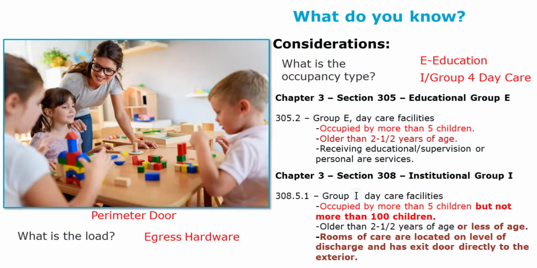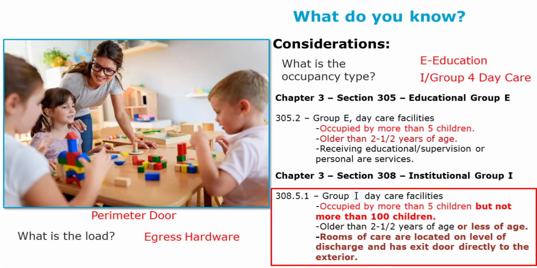Because when you go into Chapter 3, Section 308, Institutional Group I, here we have to understand it's about the number of children and now the age of children. Now you're looking at children that are up to 100 in count. And the age can not only be 2.5 years and older, but also younger, all the way to our infants.